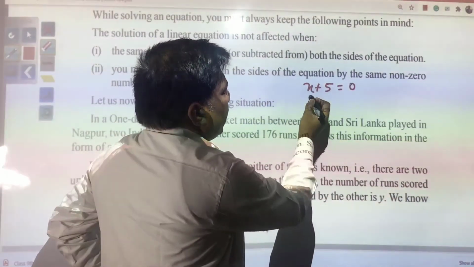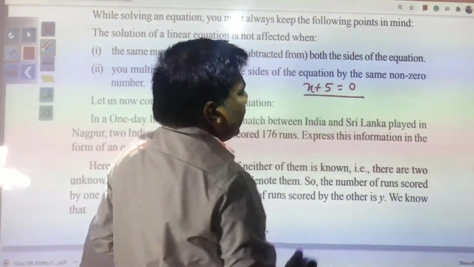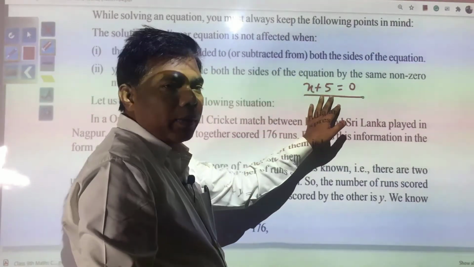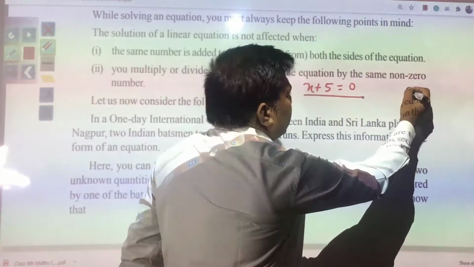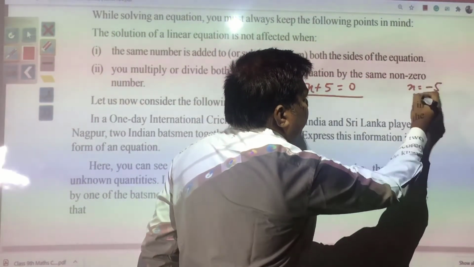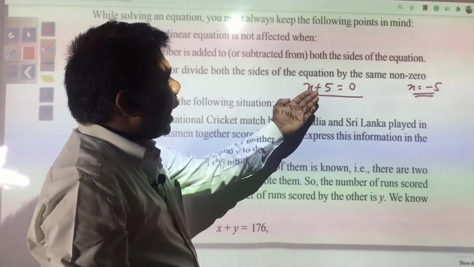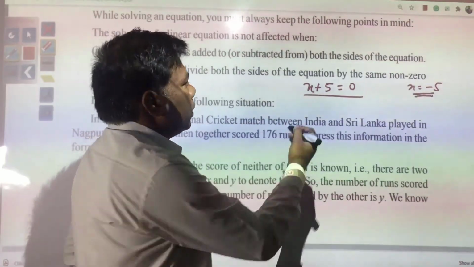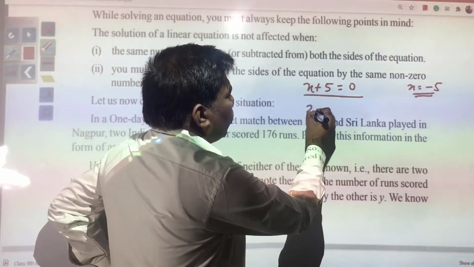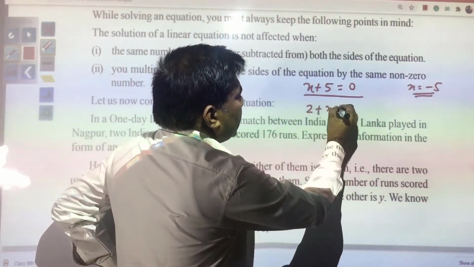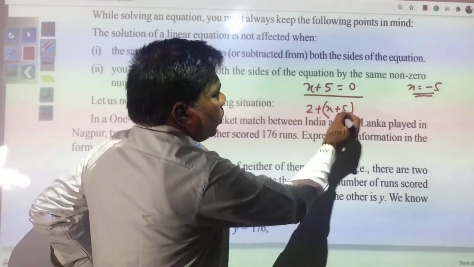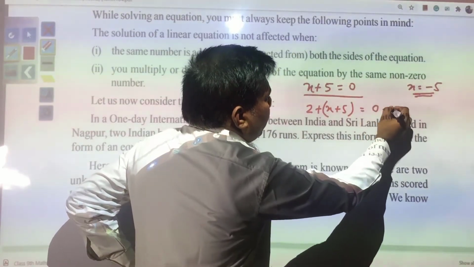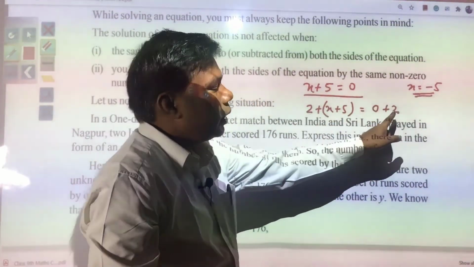Suppose you are finding the solution of the equation, the value of x. What will you get? x is equal to minus 5. Now, if you add any number to both sides, suppose we add 2, then x plus 5 plus 2, and on the other side 0 plus 2.